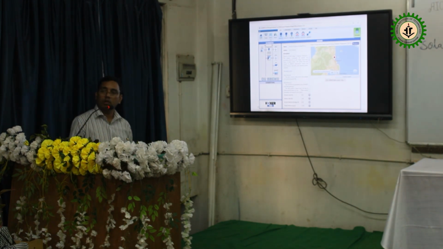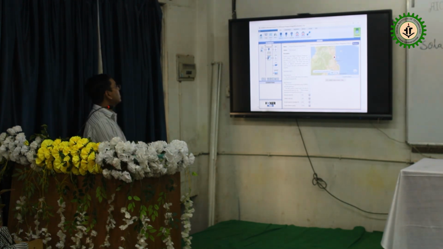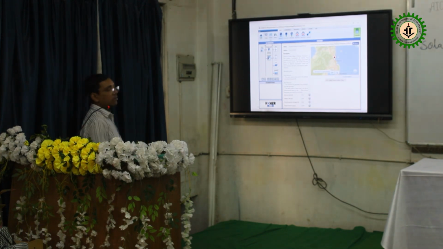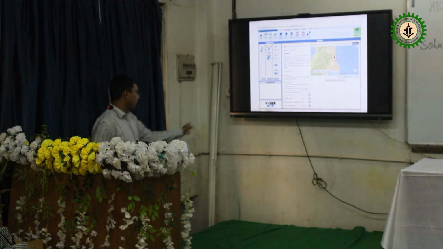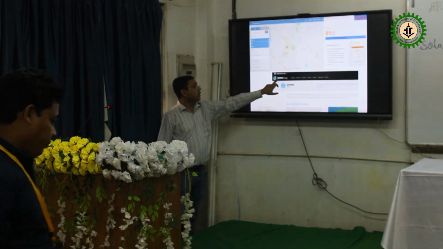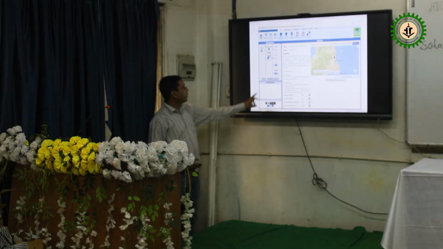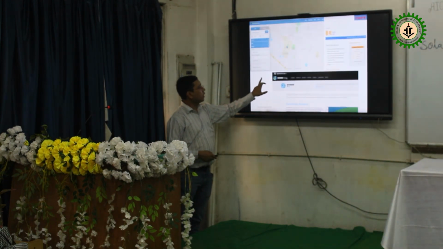Not only solar, wind as well as others also. You can see here these are different, and EV also you can include as a load here. And control strategies, different steps are there within this. You can see different economic parameters, and you can plan different economic parameters.